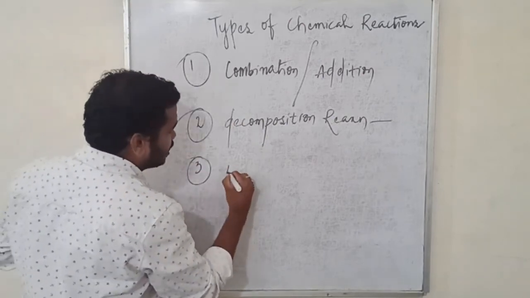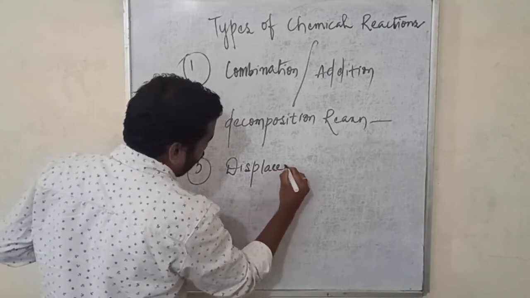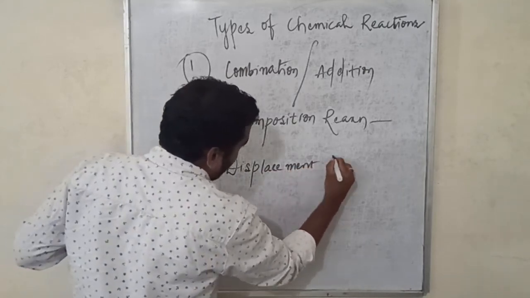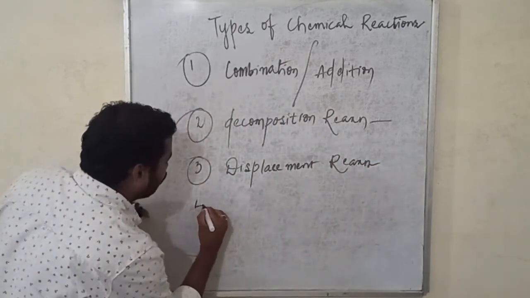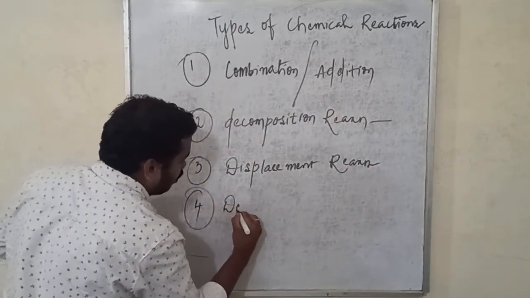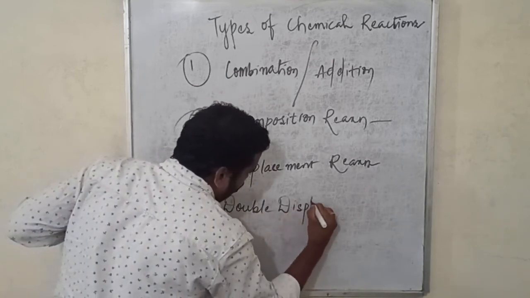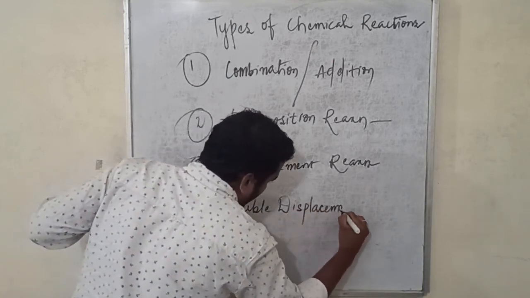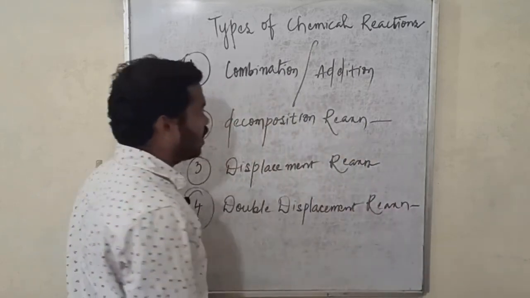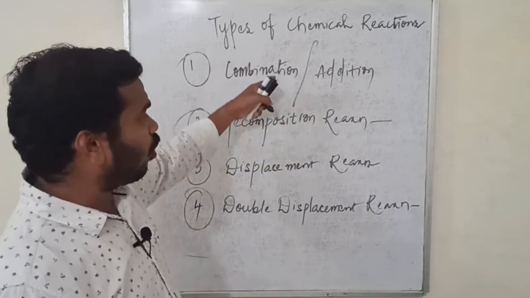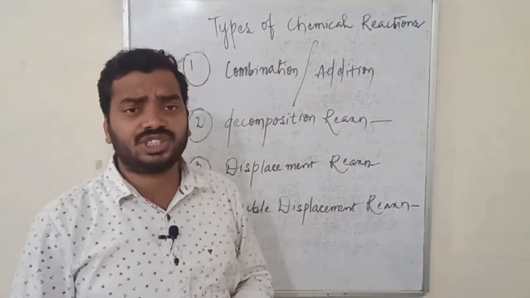Third one, displacement reaction. Fourth one, double displacement reactions. These are the 4 types of reactions we are going to learn in the next session with the help of examples.